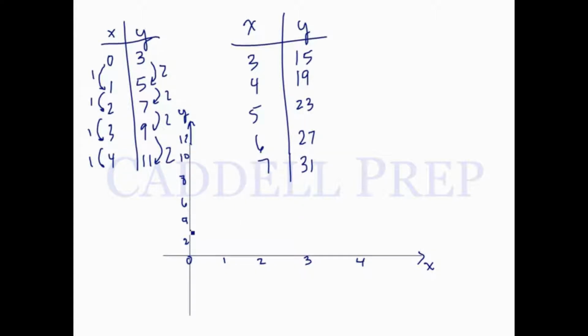So 0 is 3, 1, 5, 2, 7, 3, 9, and 4, 11. And of course this is freehand, so it's not perfectly straight, but we could see that it would be a straight line. So if it goes up by a constant rate, then it's going to be a linear function.